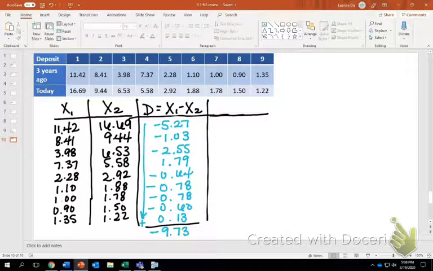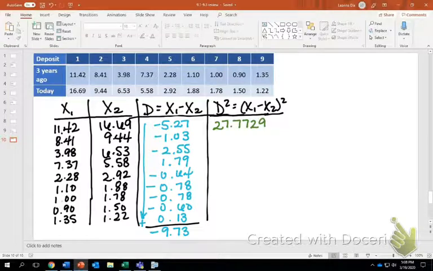All right. The next thing that I have to do, my next column, is going to be when I square the difference. So I have all of my differences already written out. I just have to square all the numbers. So for example, if I were to square negative 5.27, it's going to give me 27.7729.